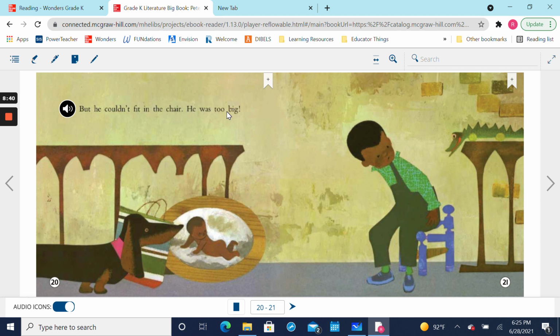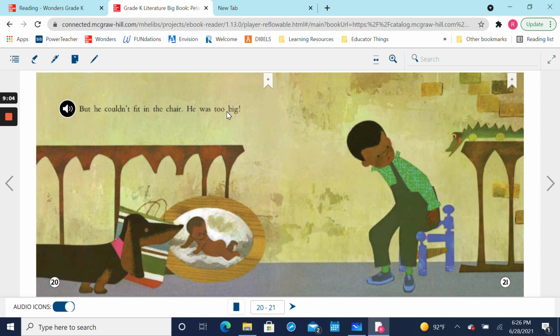Wait a minute. Wait a second here. I'm going to ask myself a question. Why can't Peter fit in his chair? I'm going to think about that. Maybe he's too big.